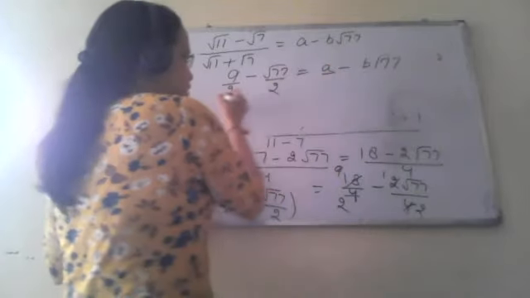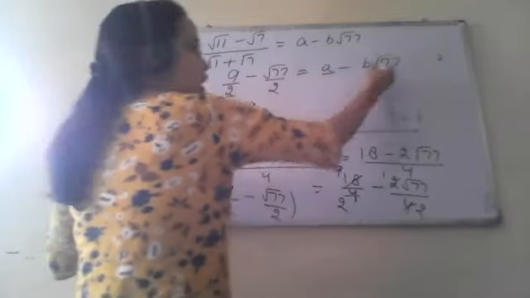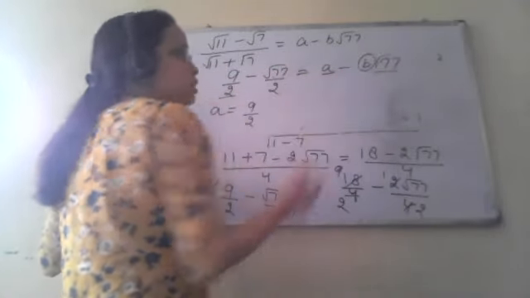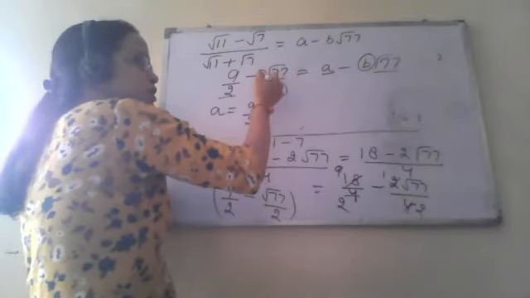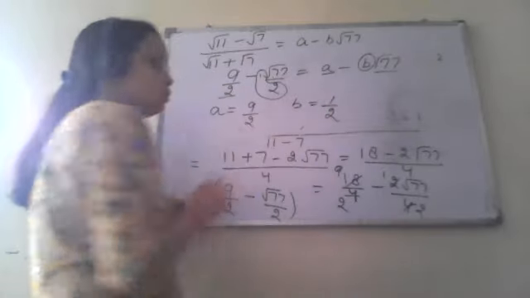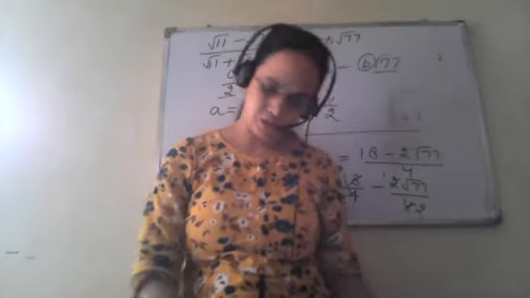In place of a, we have 9 upon 2. So the value of a will be 9 upon 2. And root 77 is here. So what will be the value of b, which is the coefficient of this? It is 1 upon 2. So the value of b will be 1 upon 2. Okay. This way we have to find the value of unknown variables.